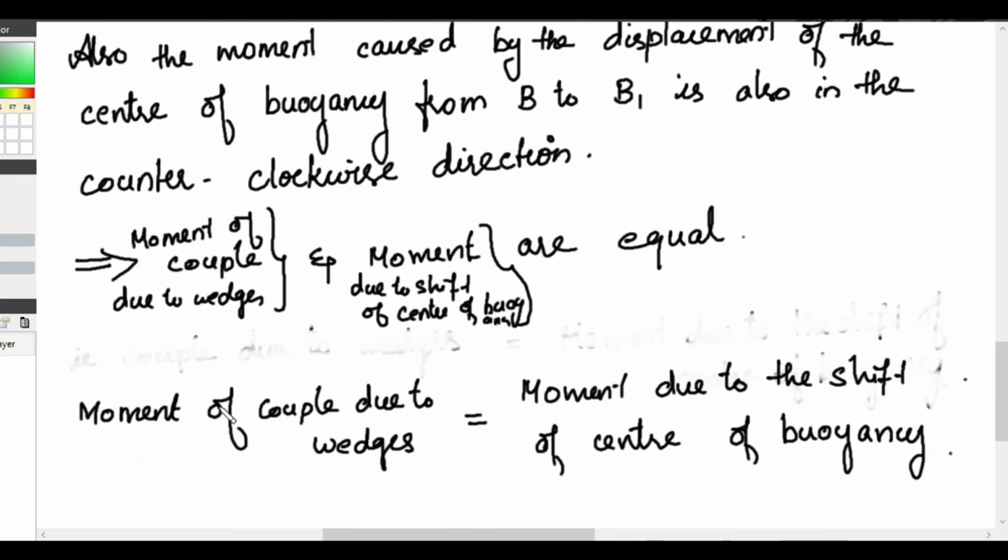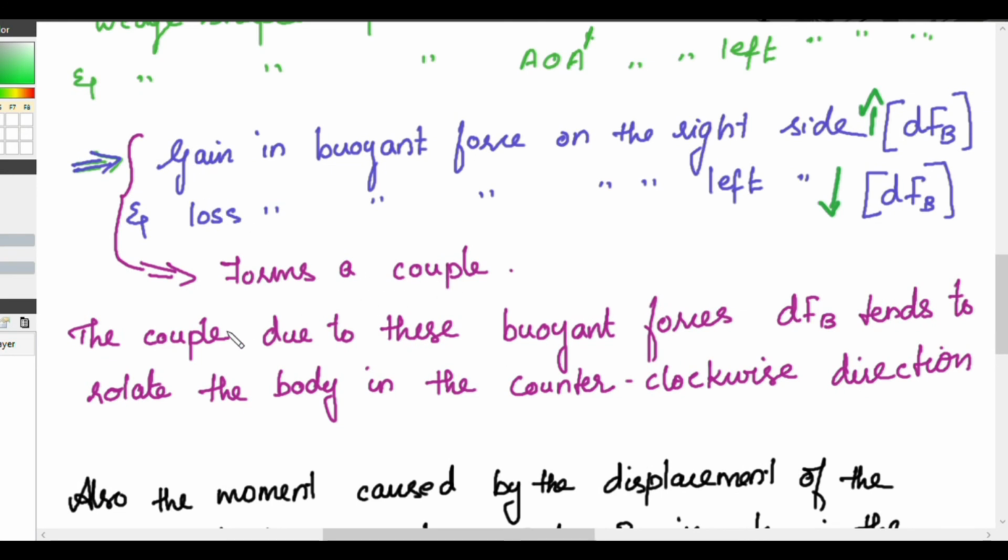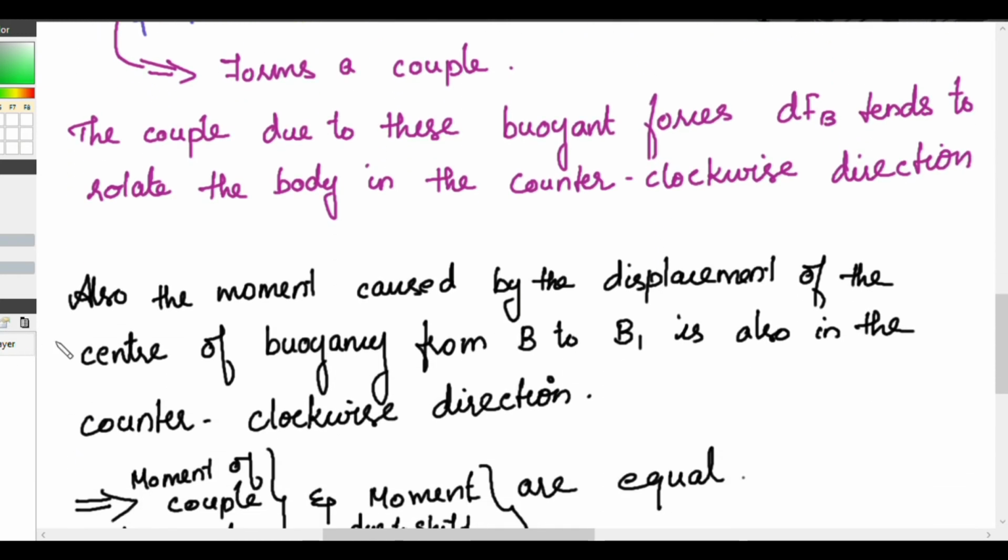The couple due to these buoyant forces dFB tends to rotate the body in the counterclockwise direction in order to keep the body in equilibrium. Now, the moment caused by the displacement of the center of buoyancy from B to B1 is also in the counterclockwise direction, because you are tilting the body in the clockwise direction.